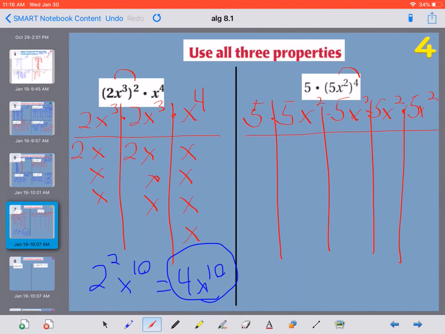So here we have 1 5, another 5 here, and 2 x's, 5 here, 2 x's, 5 here, 2 x's, and a 5 here, and 2 x's. So right now we have 1, 2, 3, 4, 5 5's, so 5 to the 5th power. And we have 1, 2, 3, 4, 5, 6, 7, 8 x's. So our answer would be 5 to the 5th power times x to the 8th power.